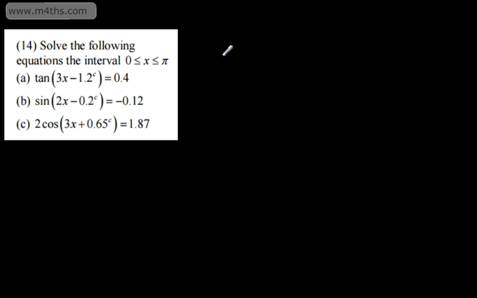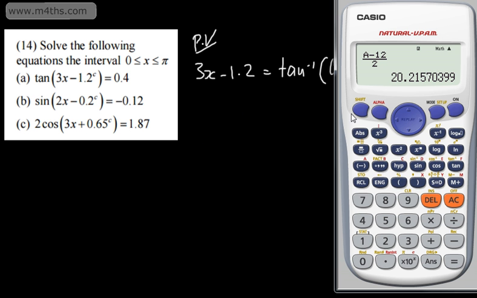These are going to be messy. So on the first one, principal value, we're going to have 3x minus 1.2, with a little c to denote that it's radians, and that's going to be equal to the inverse tan of 0.4. Right, so let's go ahead and do this. Shift tan, inverse tan of 0.4.